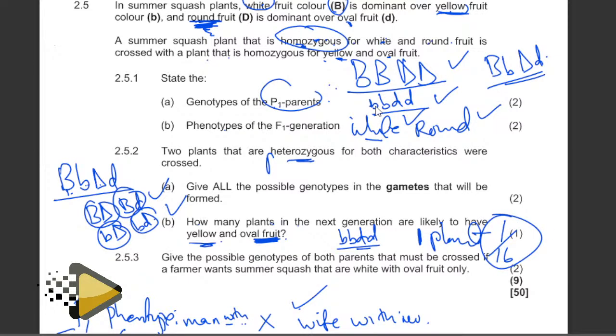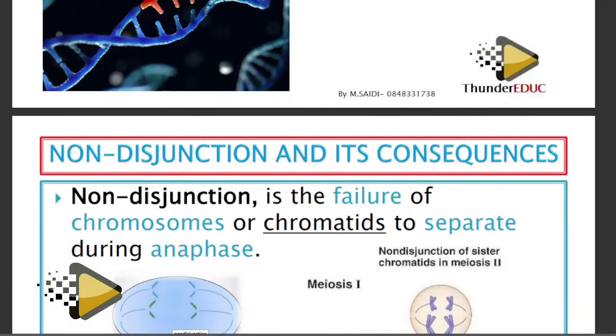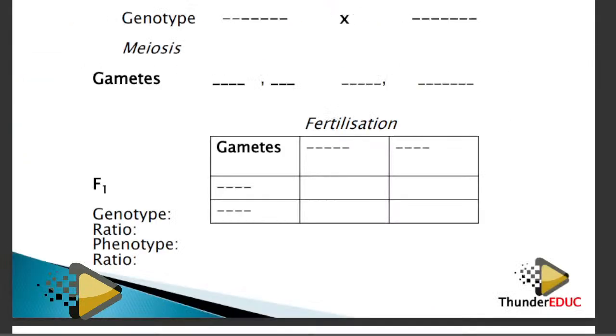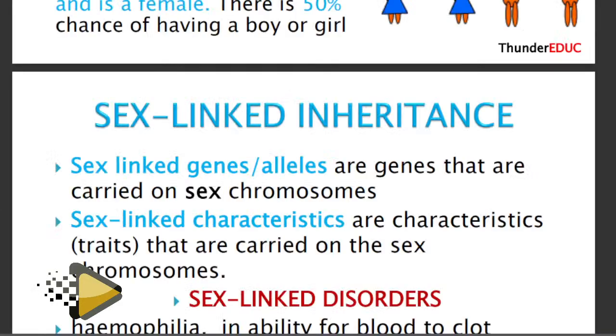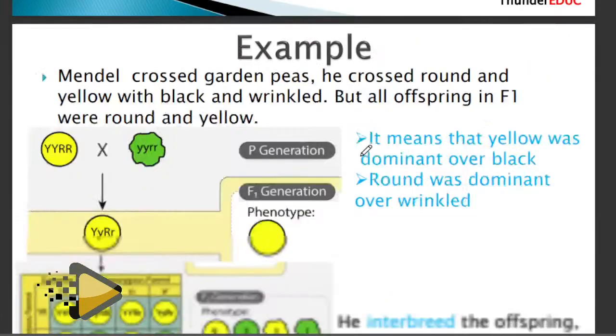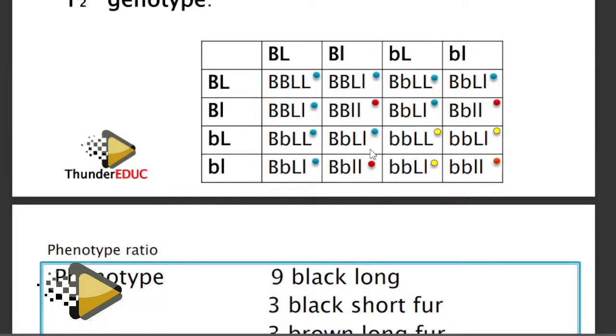So one plant, or one plant out of 16. Let me just show you here from the distinction material what they are trying to show you without doing the genetic cross. They are looking at this. It's only one which has both letters when they are homozygous recessive.